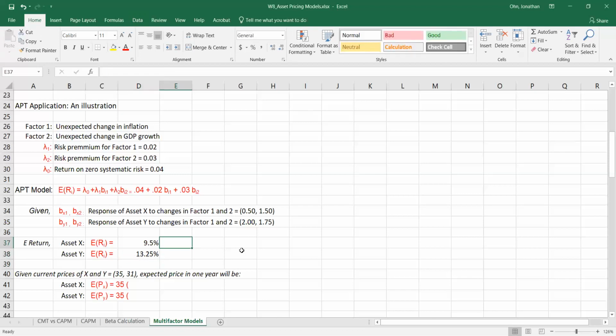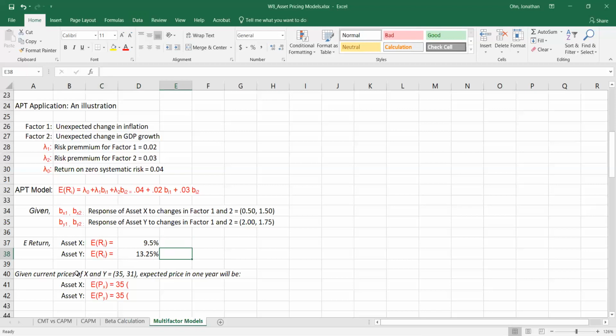So using arbitrage pricing theory, the expected return for stock X is 9.5%, and the expected return for stock Y is 13.25%. This is how we calculate expected return, similar to what we did in CAPM.